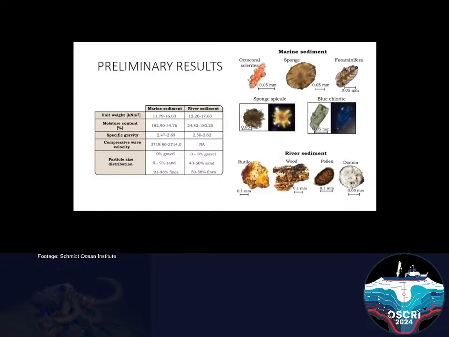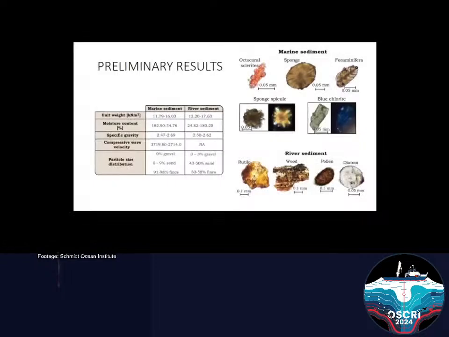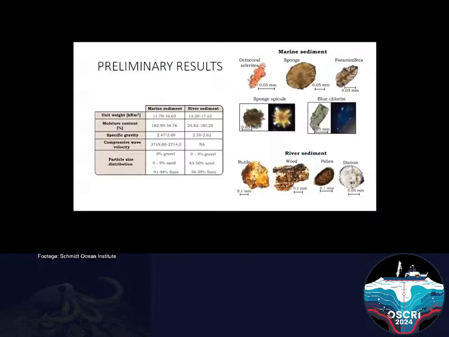We observed a marked difference in biogenic content, because in delta deposits we found continental organic matter like leaves, wood and pollen, while in marine sediments we found foraminifera, sponge spicules, and sea urchin spicules, among other organisms.